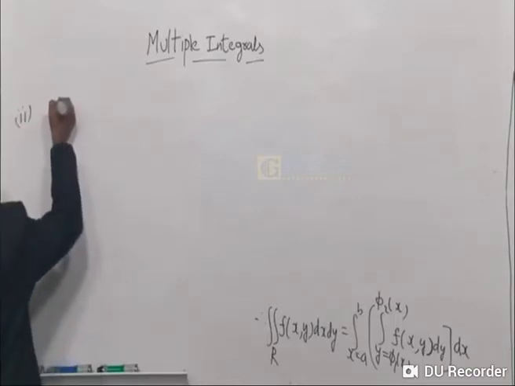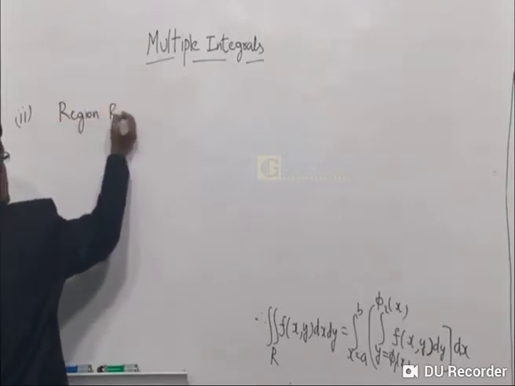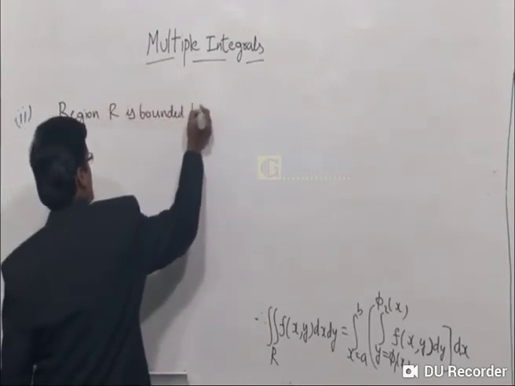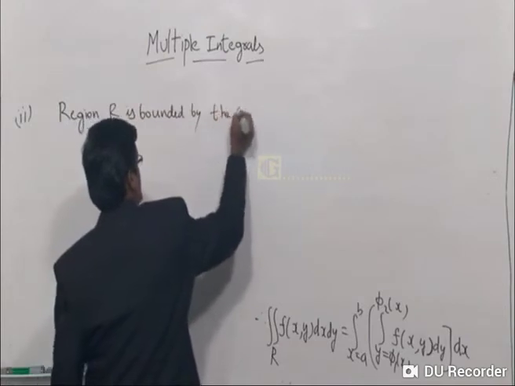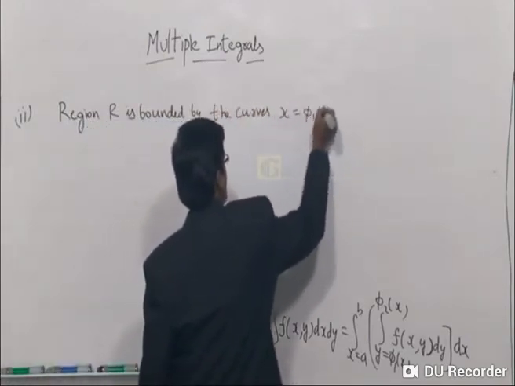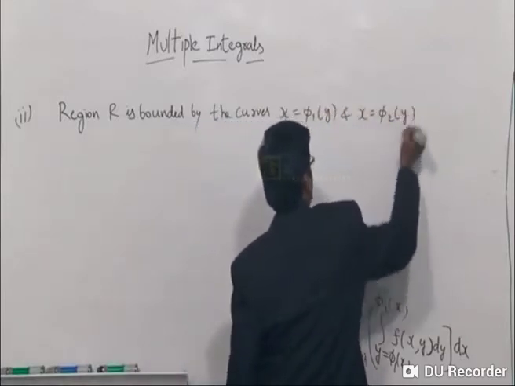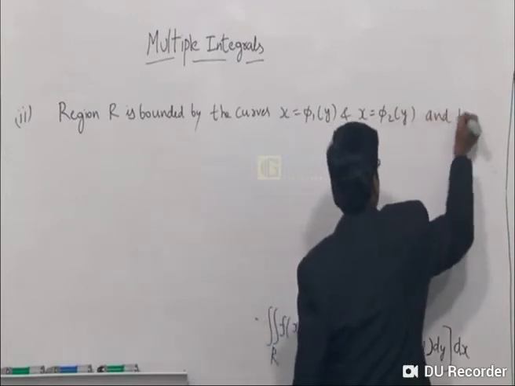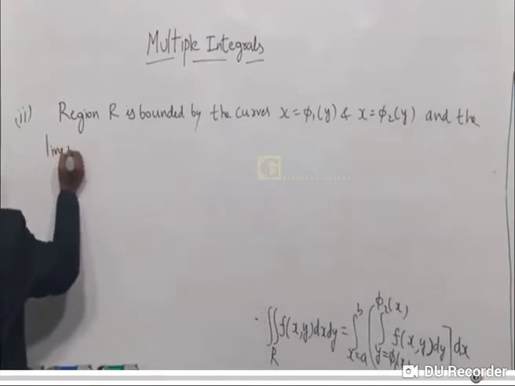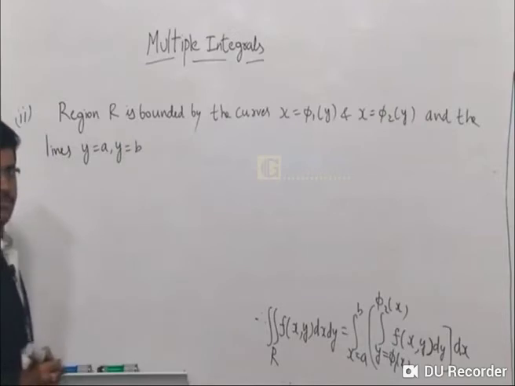Second case, region R is bounded by the curves x is equal to phi 1 of y and x is equal to phi 2 of y, and the lines y is equal to a, y is equal to b.